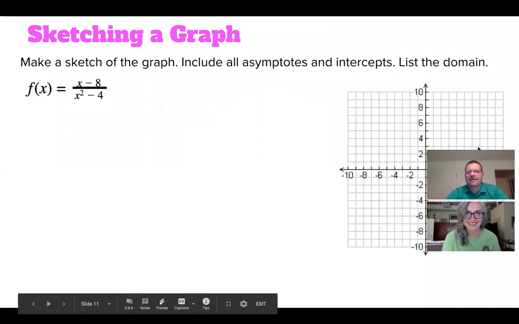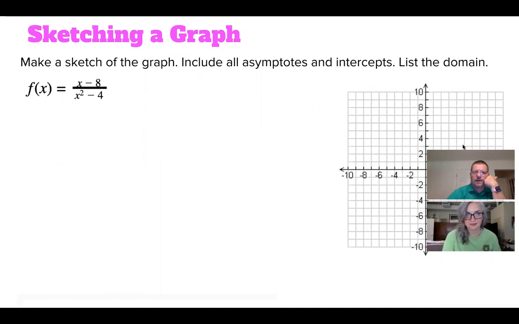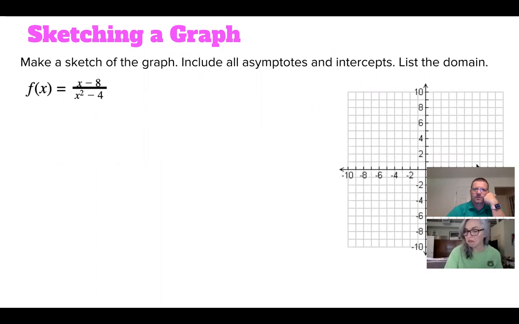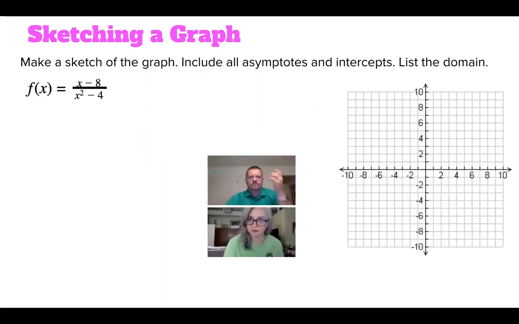All right, so let's sketch a graph of this and put it all together. What do we know about the asymptotes? We've already seen this denominator before, right? We've seen asymptotes at -2 and +2.